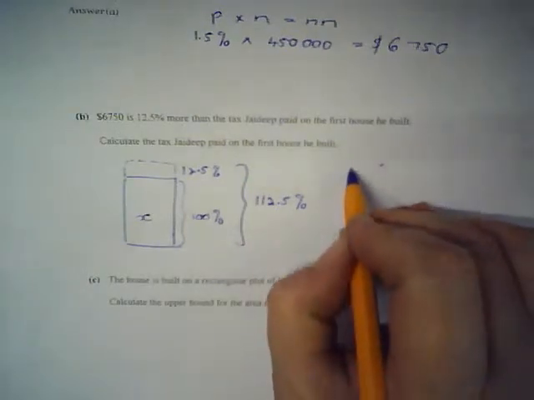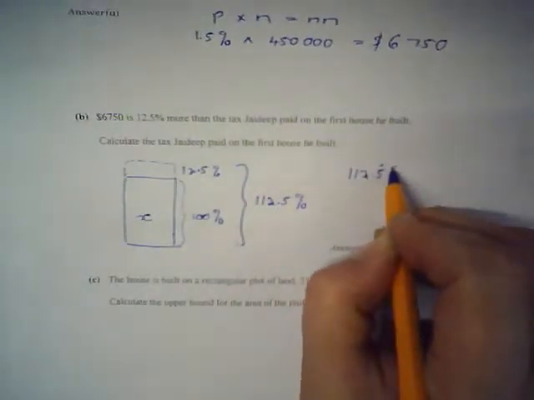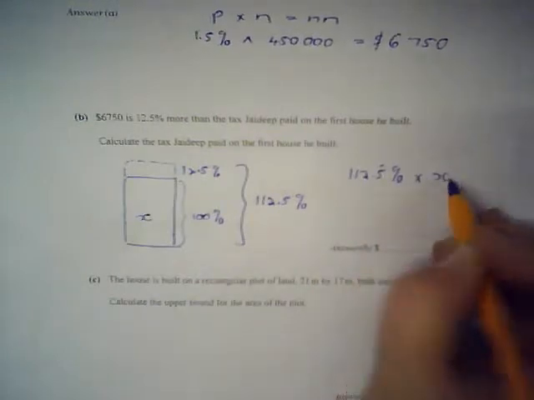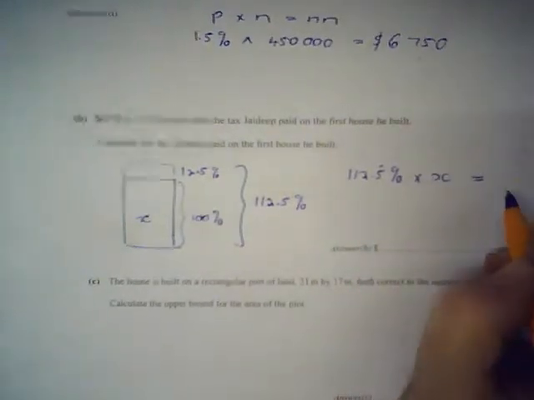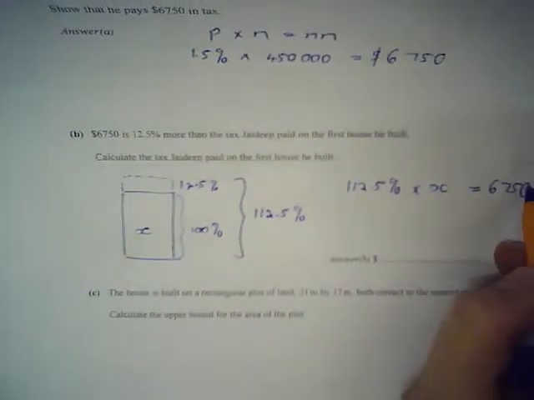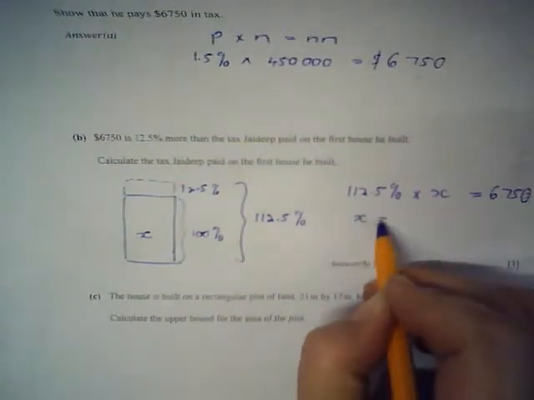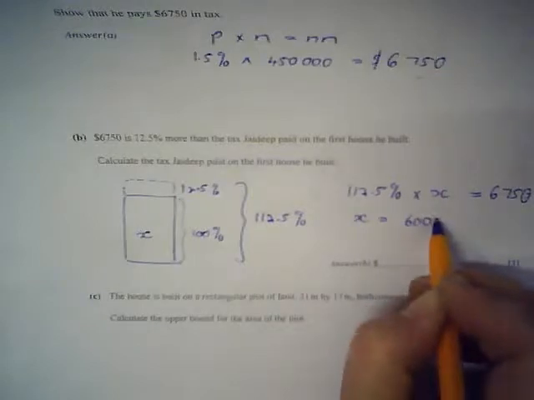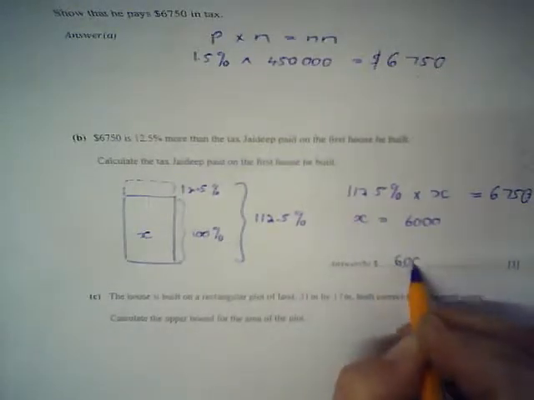So we have 112.5% of X would give me 6750, and if I do the calculations, X would be 6,000. Okay, good. Let's move on to the next one.